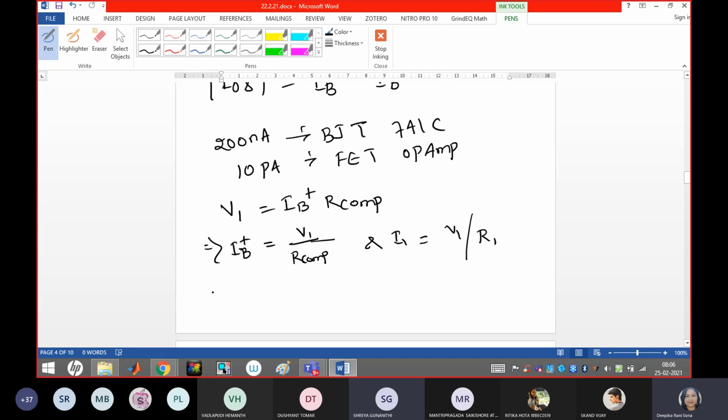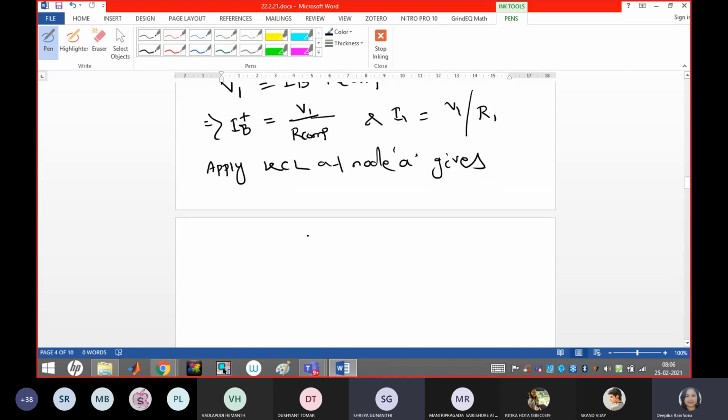So apply KCL at node A, which gives I2. I2 will be IB minus I1.